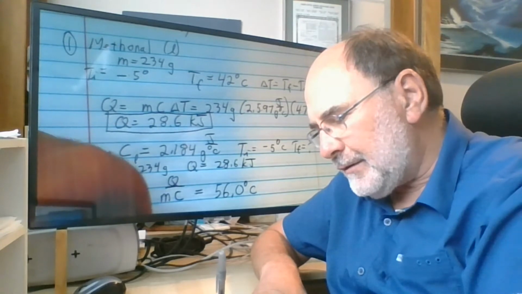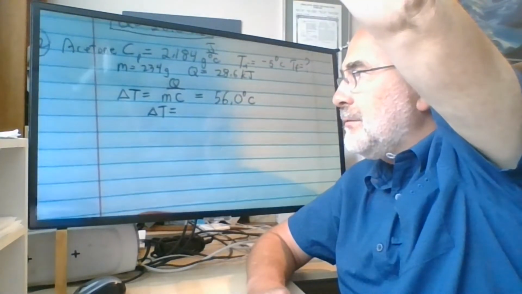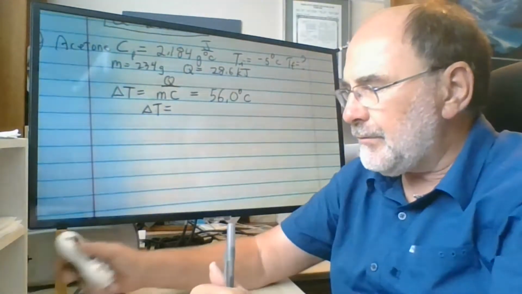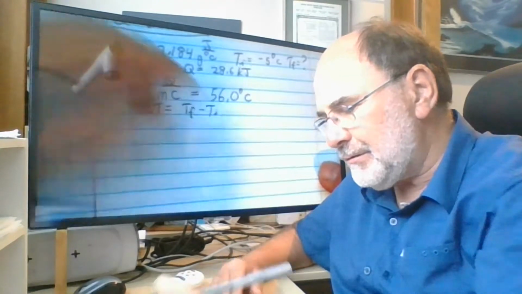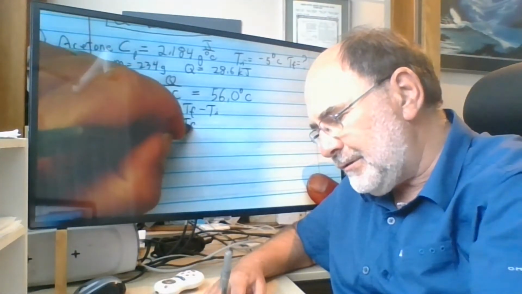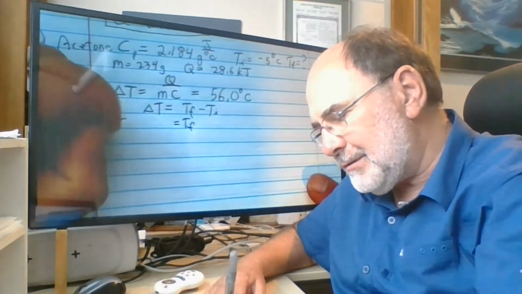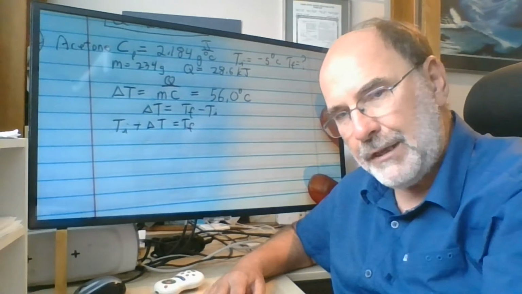Great. So if my initial temperature was -5 degrees, think of it this way. Once again, change the temperature. Oh, I suppose it should go a little bit more like this. And focus it. Delta T is equal to final temperature minus the initial temperature. So therefore, the final temperature is equal to the initial temperature plus the change in temperature. Algebra.